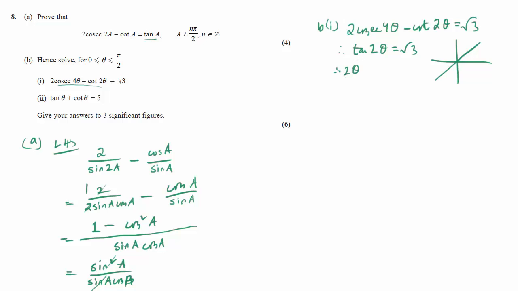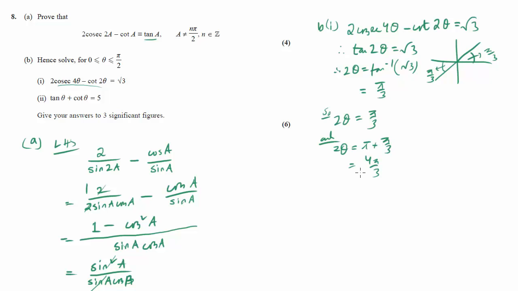The basic angle is going to be 2 theta equals tan inverse of square root of 3, which is 60 degrees, which is pi by 3. So we have 2 theta equals pi by 3 and 2 theta equals pi plus pi by 3, which is 4 pi by 3.